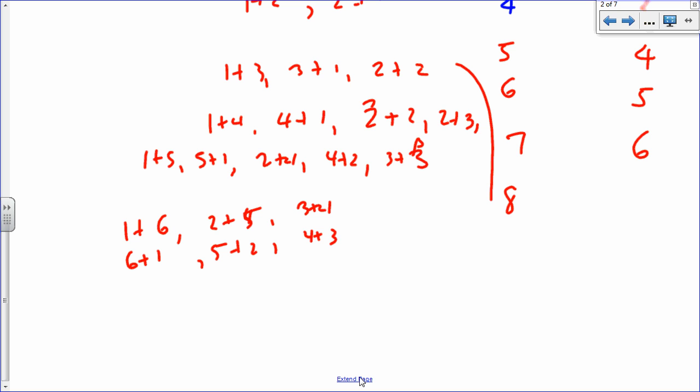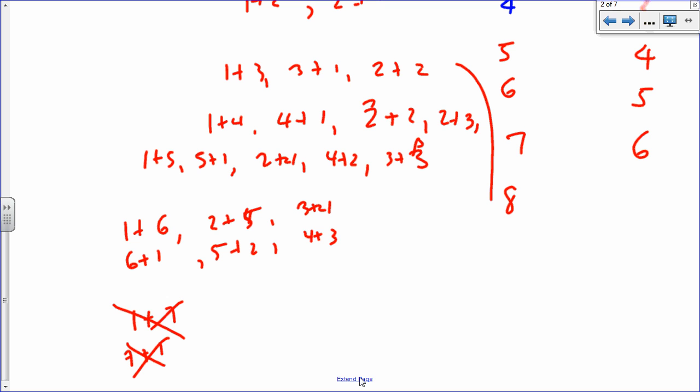How many ways can you get an 8? 7 ways? Can you do 1 plus 7? There is no 7, right? And you can't get 7 plus 1 either.